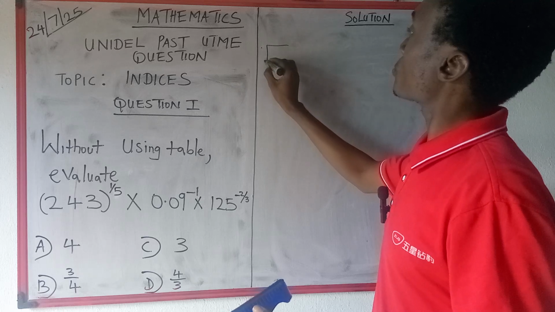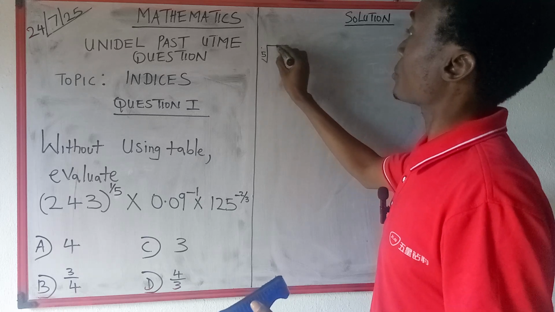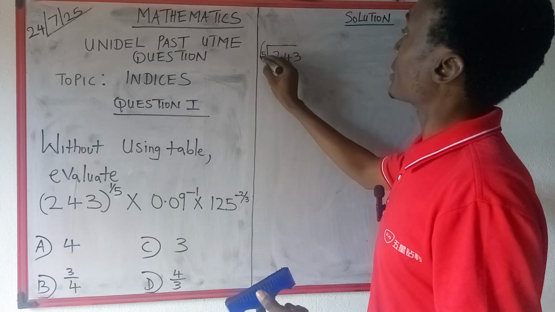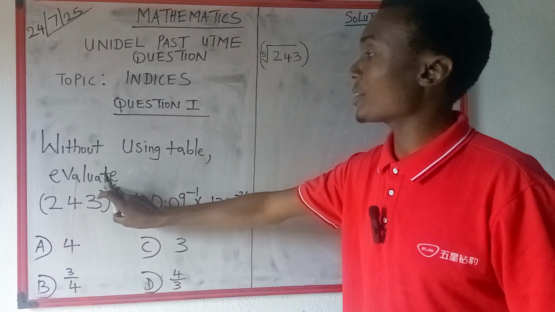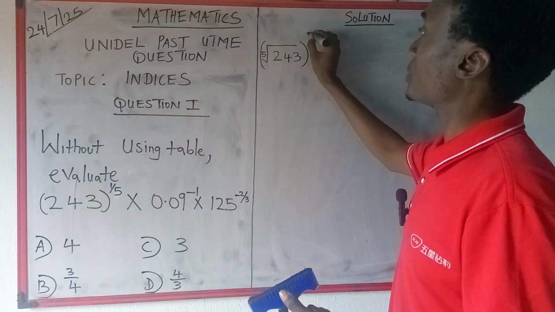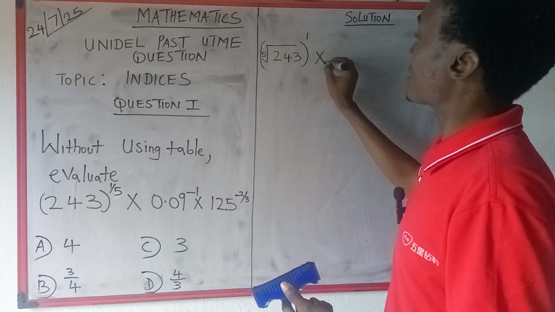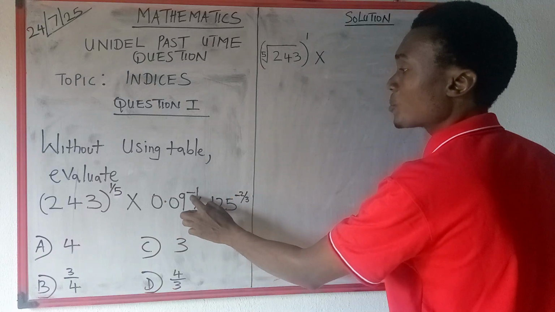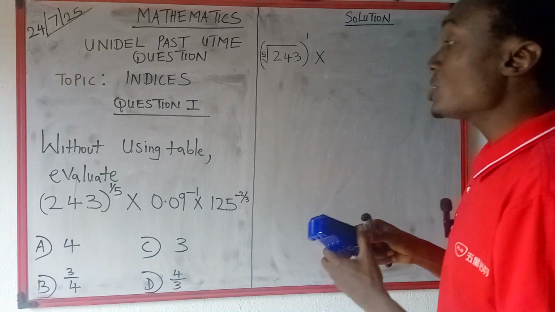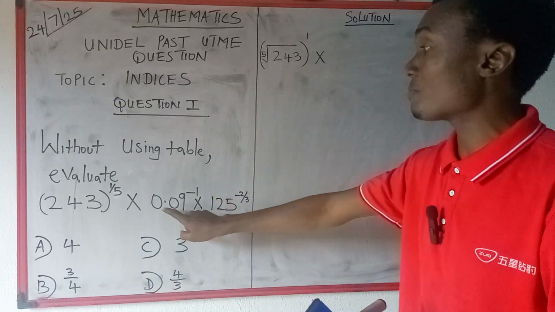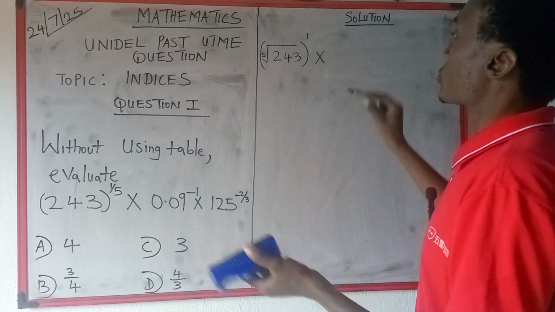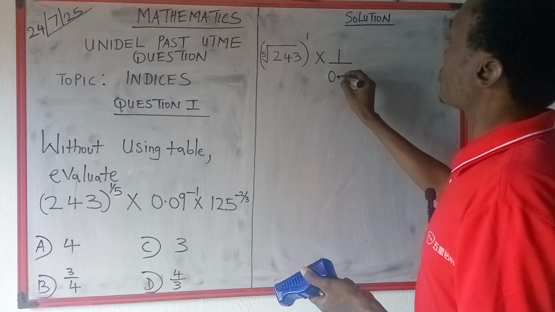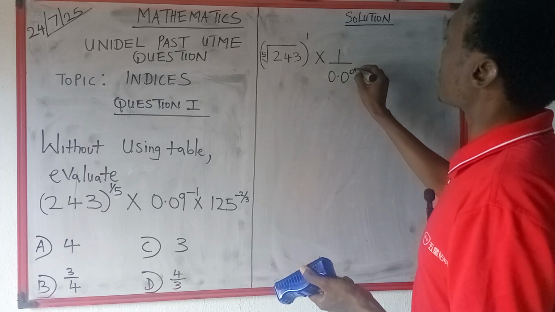Fifth root, put your 5, 243, open bracket, close your bracket. There's a 1 here, so you have to put that 1 there; don't throw it away. Times, now what are you seeing here? 0.09 raised to the power of minus 1. What does it mean? It means the reciprocal of 0.09, so we're going to have 1 over 0.09.